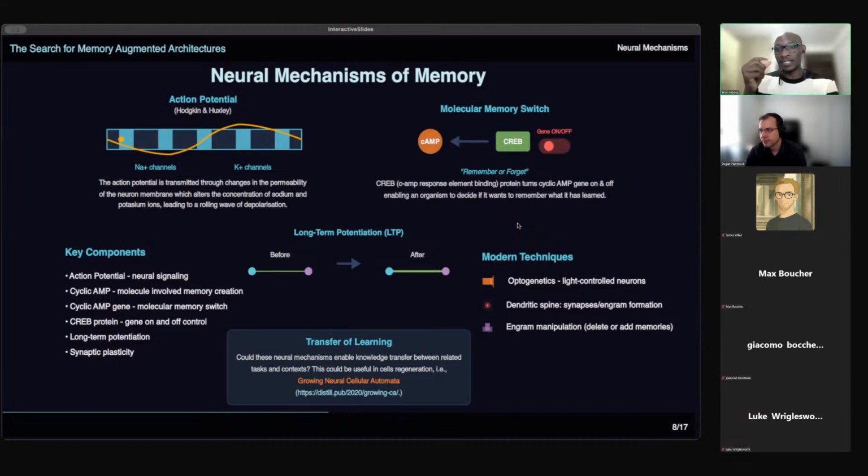It controls the genes involved in memory, and this gene is called cyclic AMP. The name is a mouthful, but it essentially controls whether the organism remembers. The gene that controls the remembering or not remembering is the cAMP, and then CREB just tells it, you should remember this or forget this.